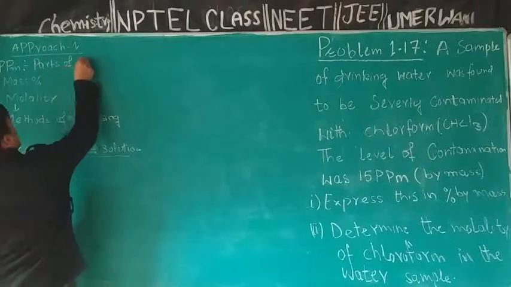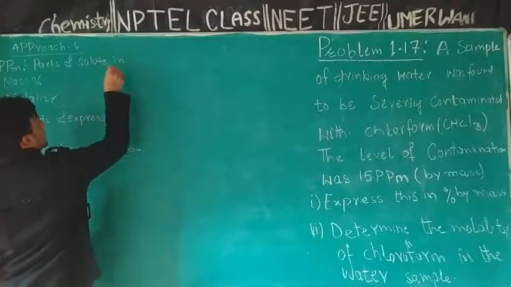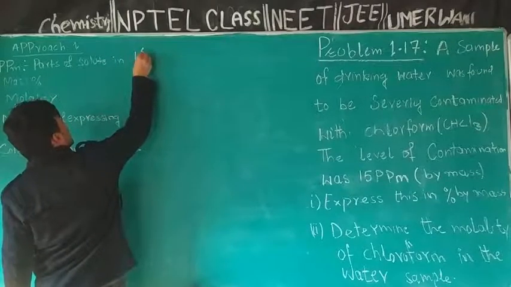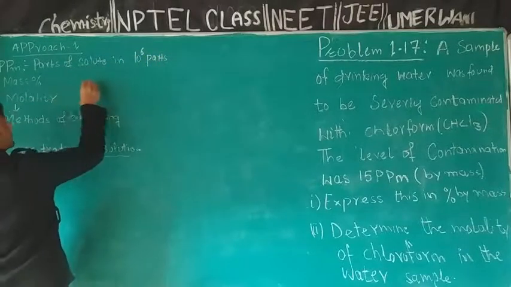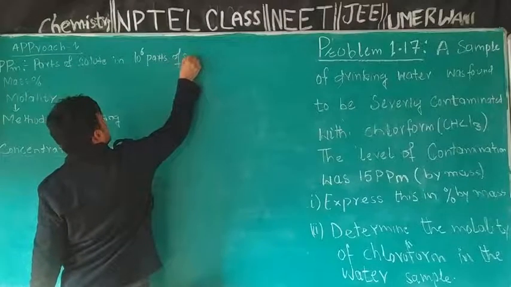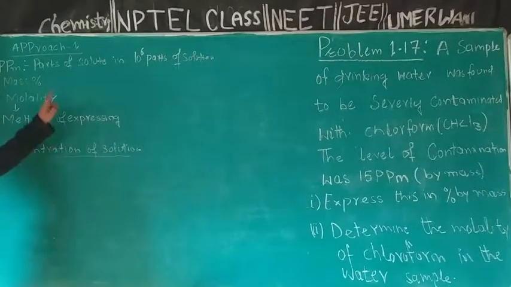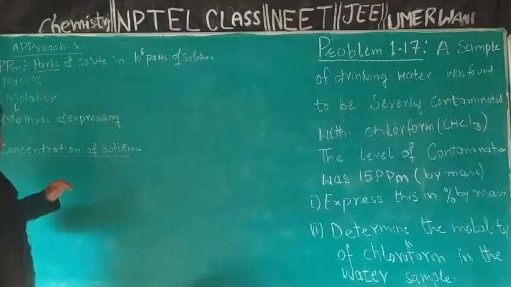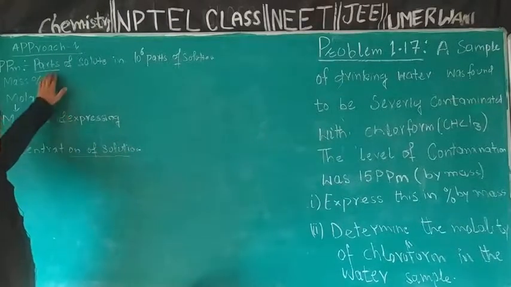Million means 10 raised to power 6 parts of solution. This part you can express in terms of mass or in terms of volume, but here parts per million is in terms of mass.